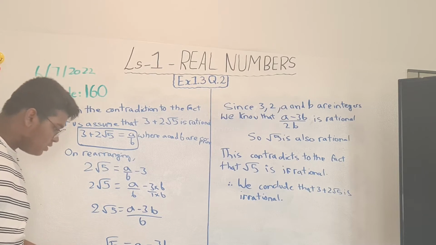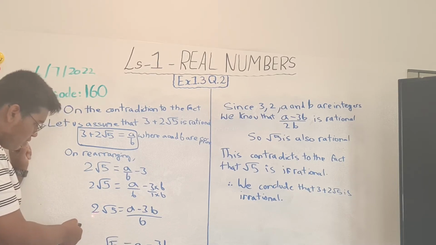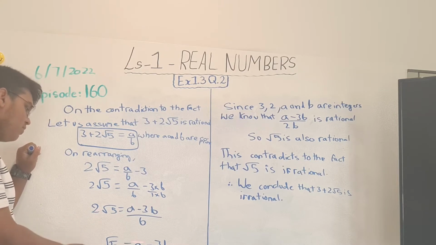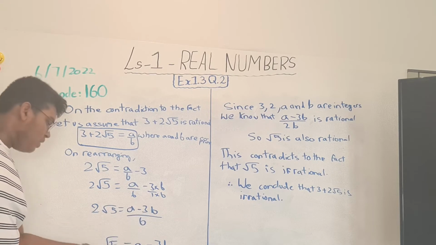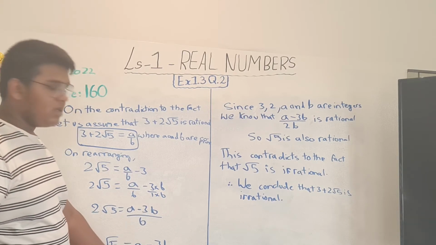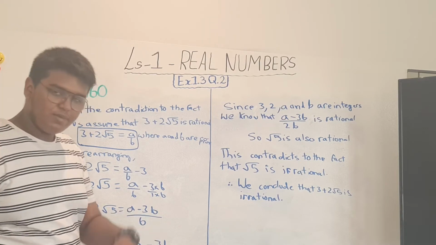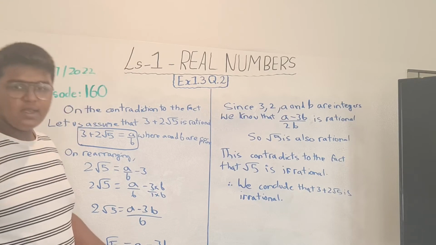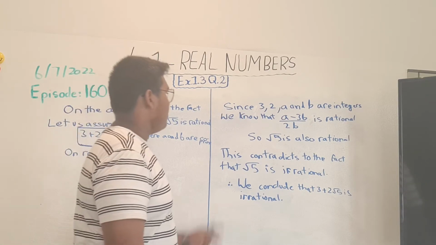Then root 5 is equal to a minus 3b by 2b. Here the 2, which was in multiplication, we transposed to the other side, where it went into the denominator, and here it was b, so it got multiplied with b.